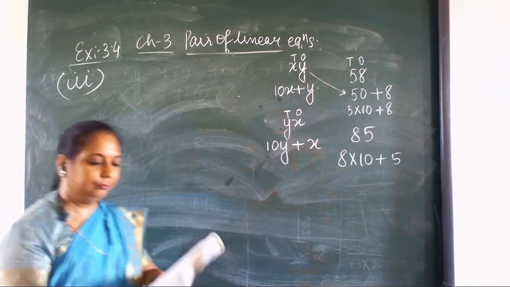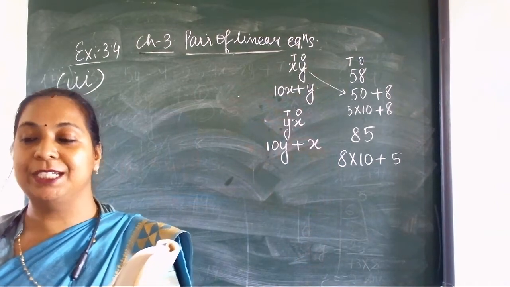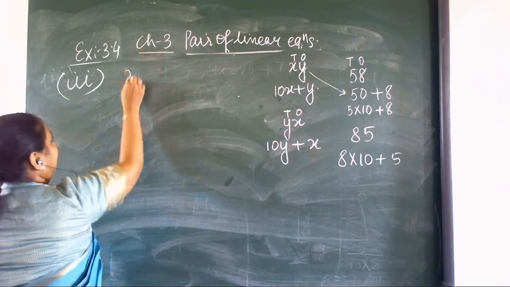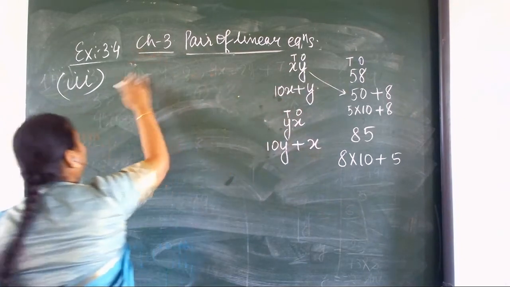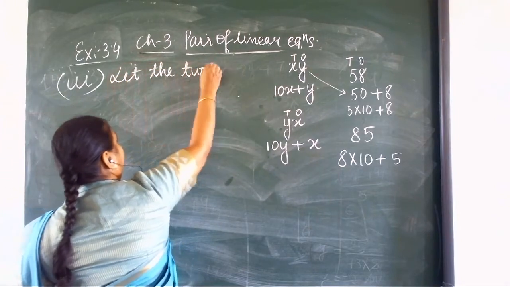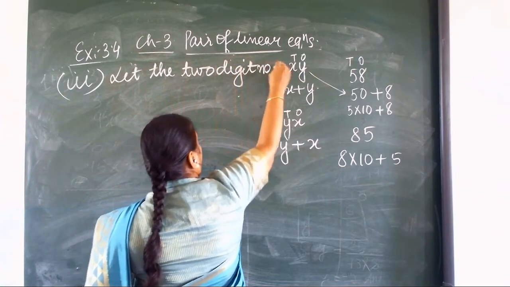Clear? Now the sum of the digits of a two-digit number is 9. So first, let the two-digit number be xy.